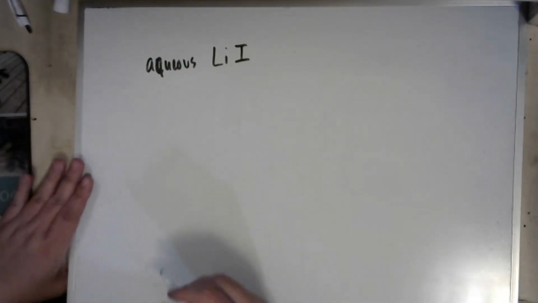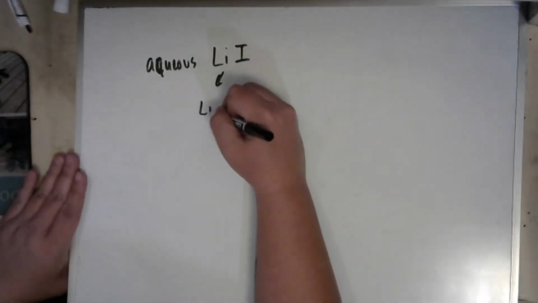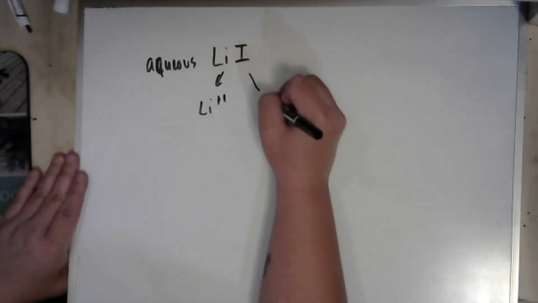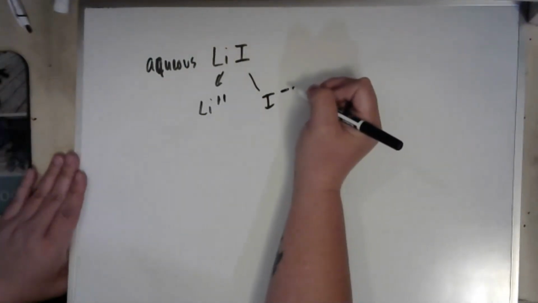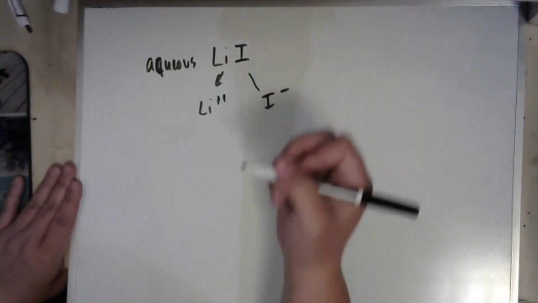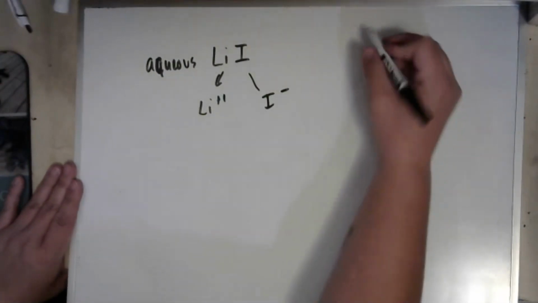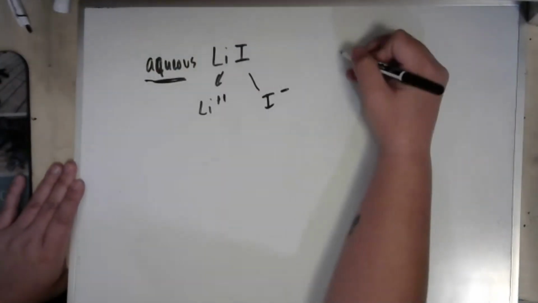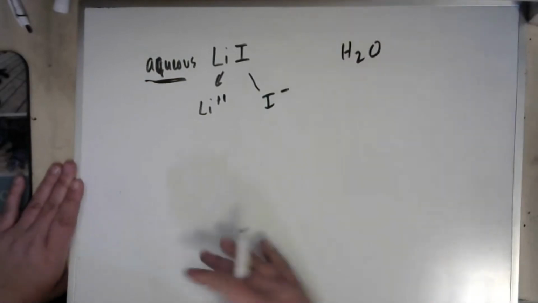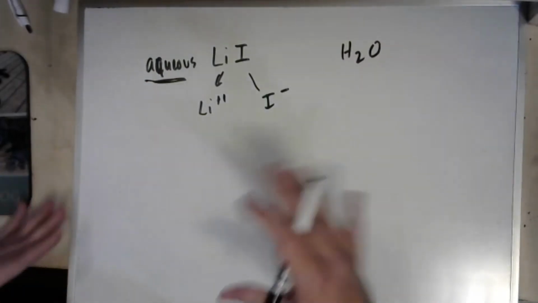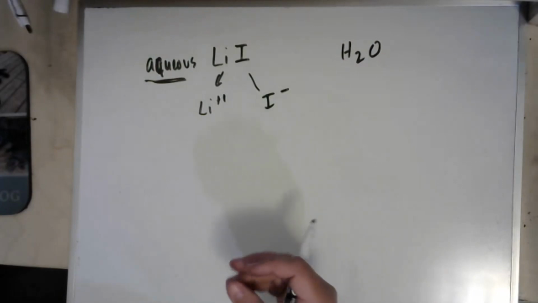All right, so we have to see what's happening here. We have a lithium ion, we have an iodide ion, and we have water, right? So it's aqueous. So we're going to look at all of the potential reactions that are happening here.